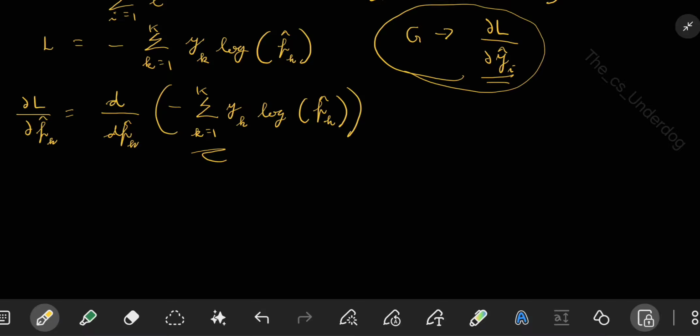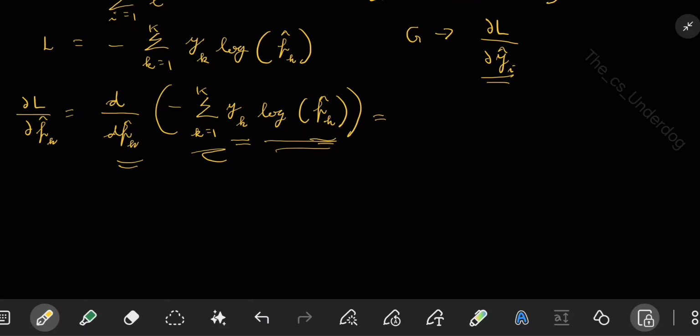If I take the summation out, then one term is yk. So here you can consider yk as constant because we are taking the derivative with respect to pk cap. So pk cap is what you have to consider. So log pk cap, if it is log x, if you take the derivative, what happens? It will be 1 by x. The same thing is what you are going to apply here.